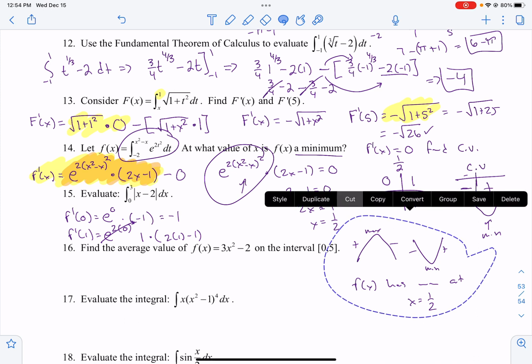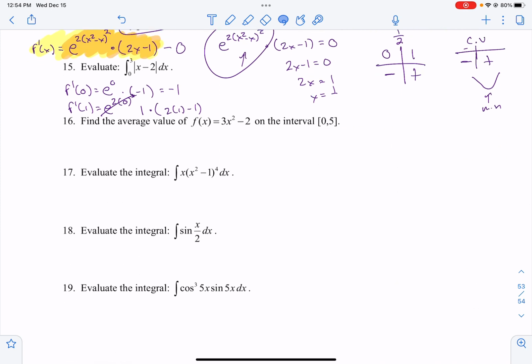Okay, let's move on. Number 16. Find the average value of f of x equals 3x squared minus 2 on the interval 0 to 5. So remember, for average value, I have to take 1 over b minus a, and then I take the integral from a to b of whatever my function is.